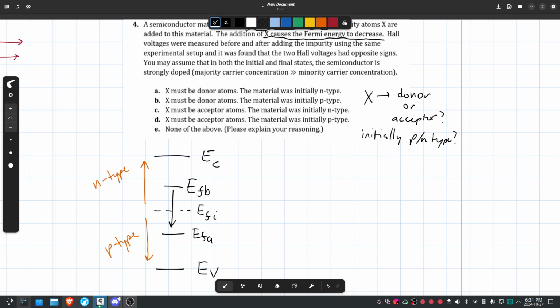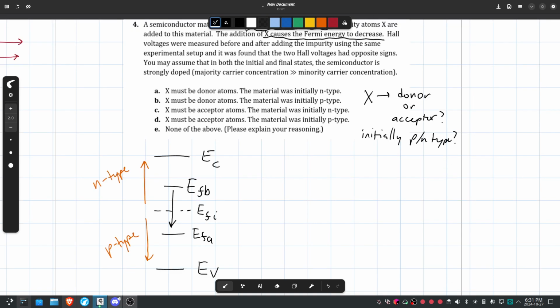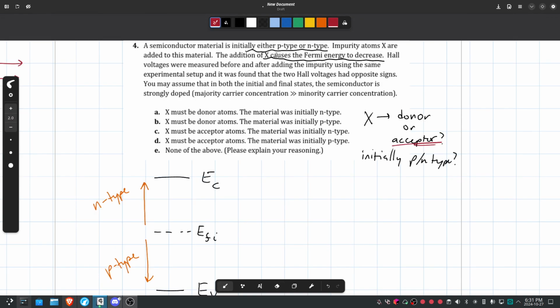So right off the bat, we know that this is an acceptor. The addition of X causes the Fermi energy to decrease. This means it is an acceptor.